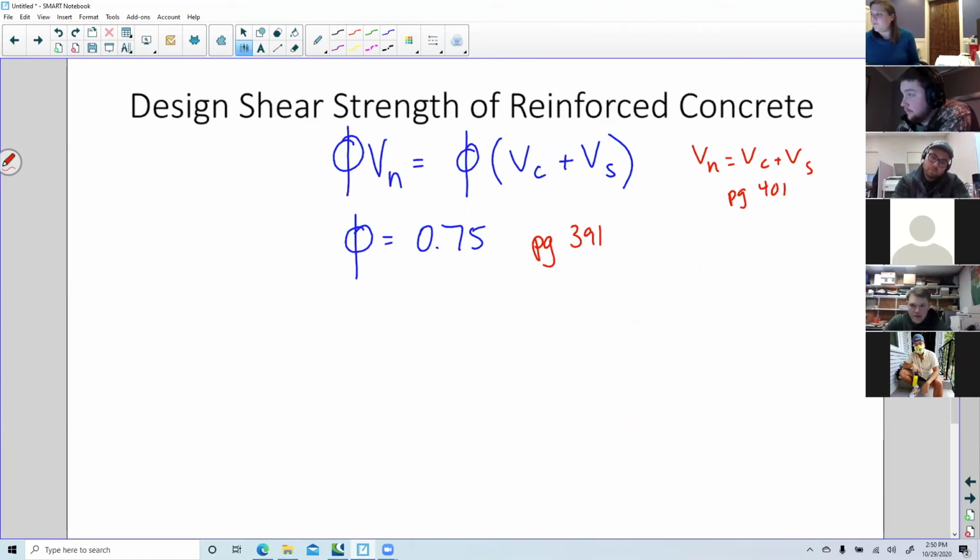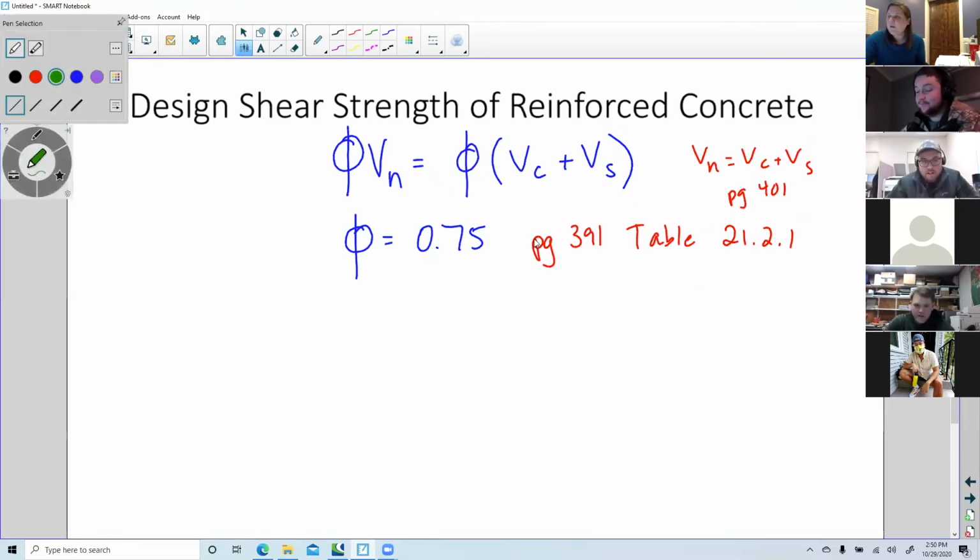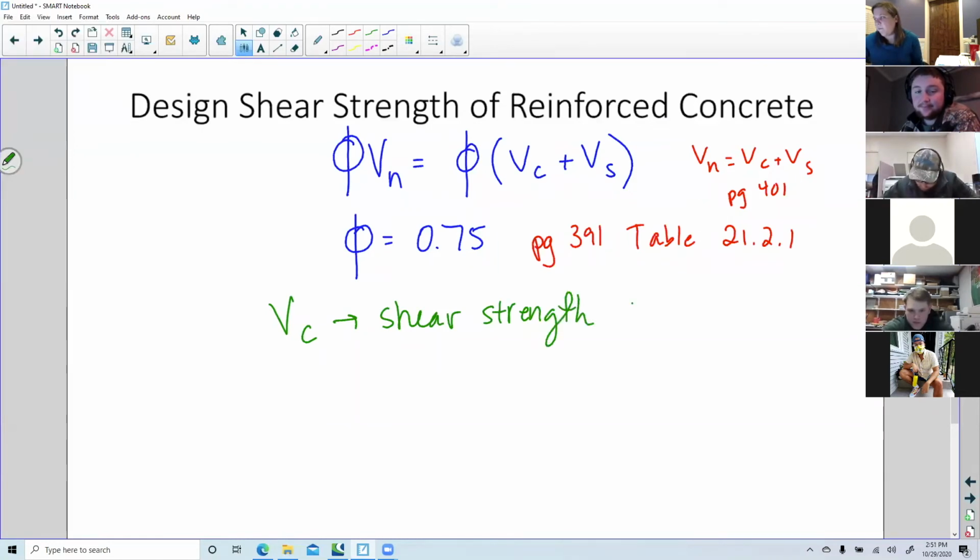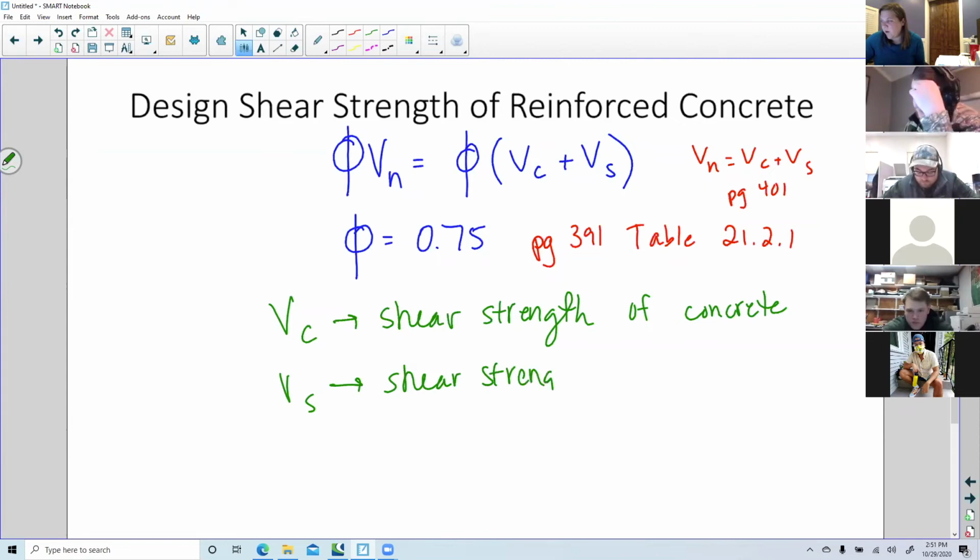Right, table 21.2. VC is the shear strength of our concrete. VS is the shear strength of our steel.